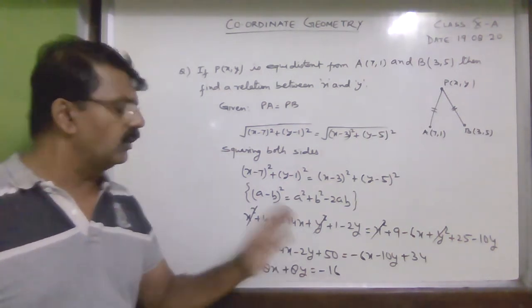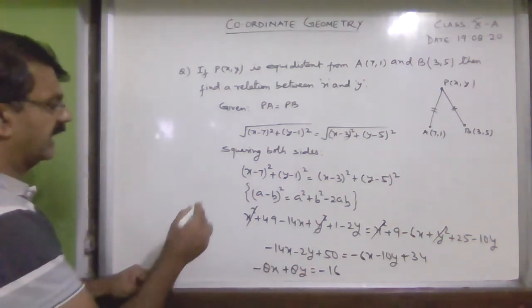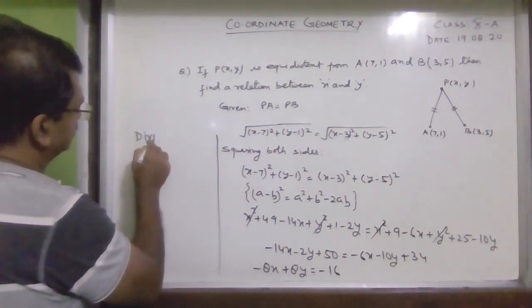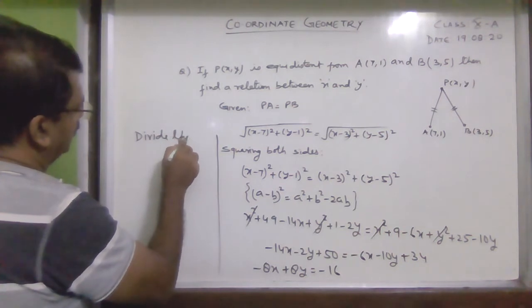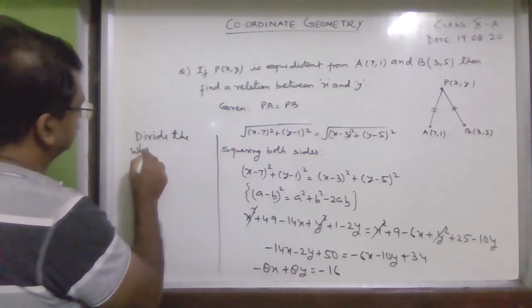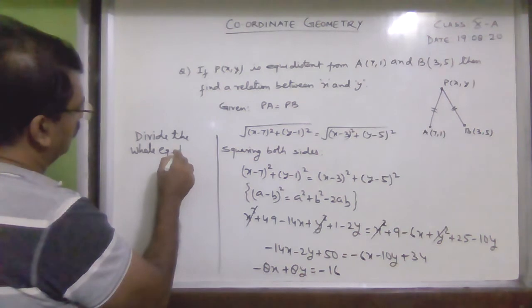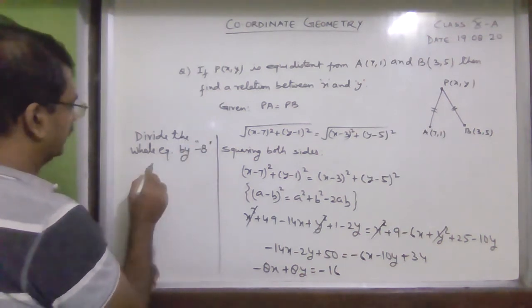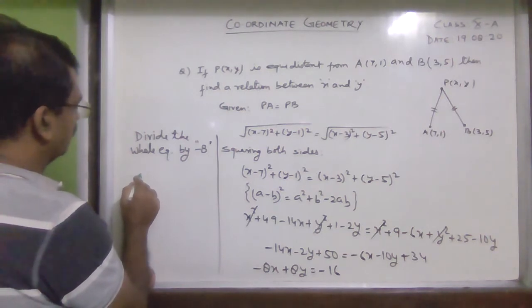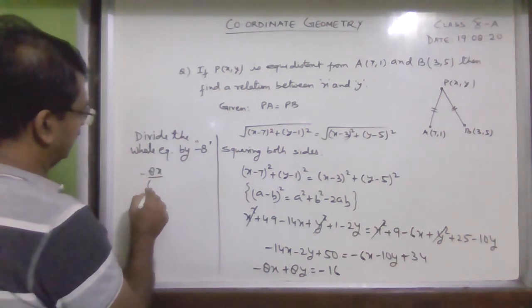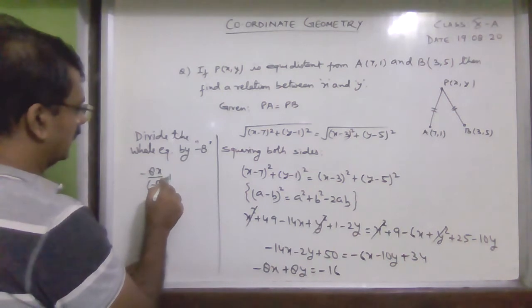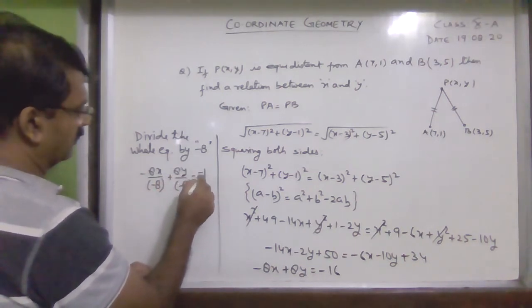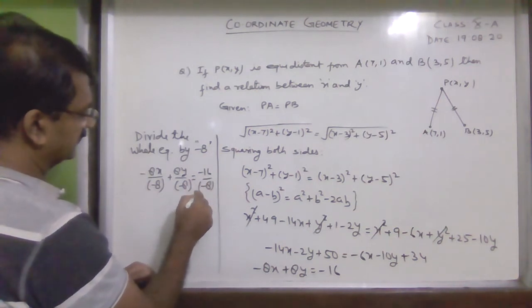Now you divide the whole equation by minus 8. So it will be minus 8x upon minus 8 plus 8y upon minus 8 is equal to minus 16 upon minus 8.